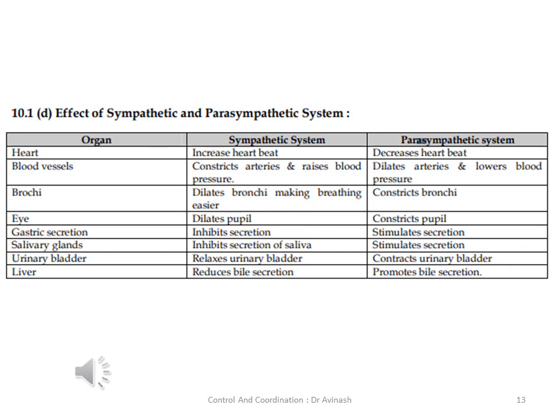As far as liver is concerned, sympathetic system reduces bile secretion, whereas parasympathetic system promotes bile secretion. So these are the two opposite effects on the organs by sympathetic and parasympathetic system of autonomous nervous system.